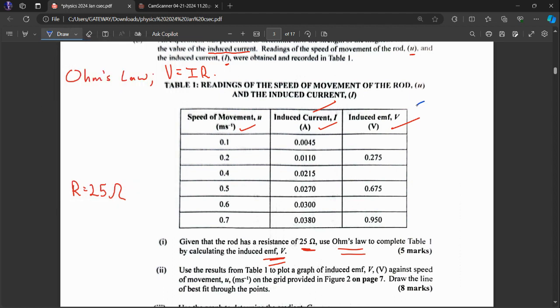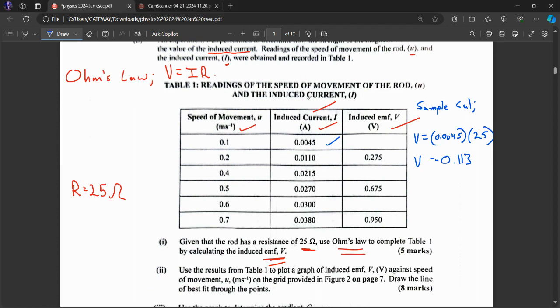I will do a sample calculation using the first row. We are only concerned about the current value. V is equal to I, which is 0.0045, multiplied by the resistance, which is 25. So V would therefore be equal to 0.113.